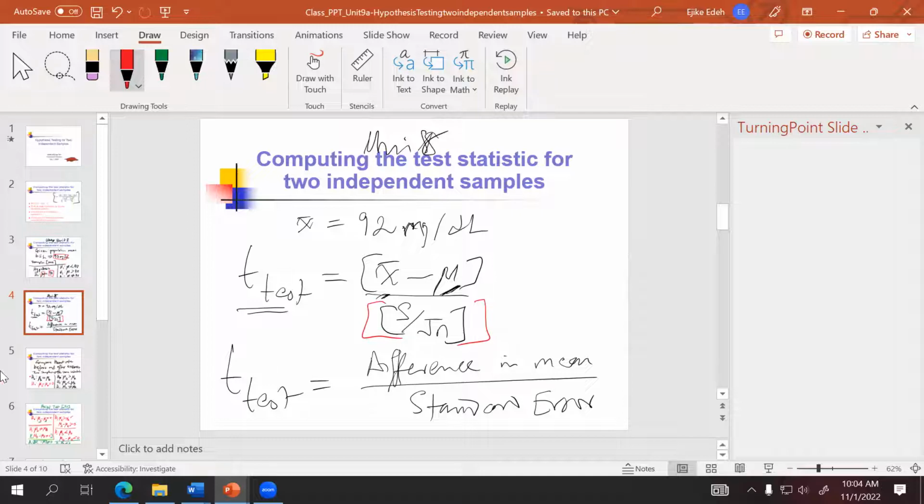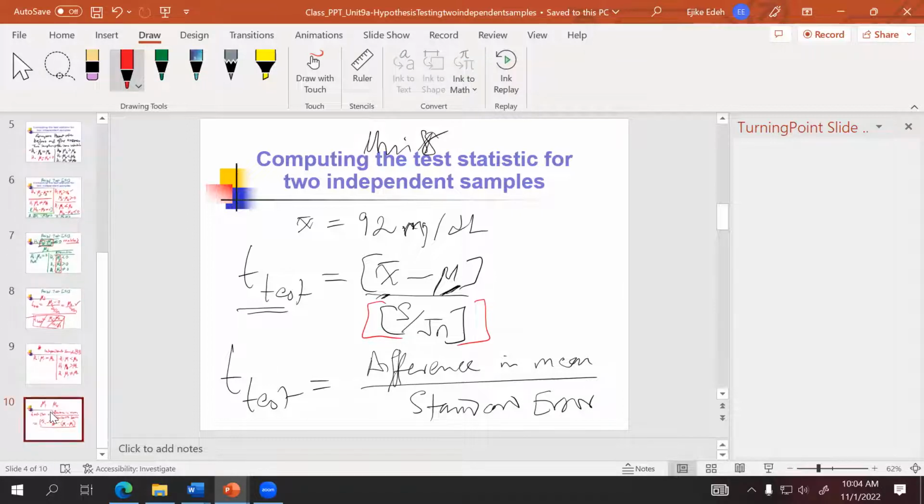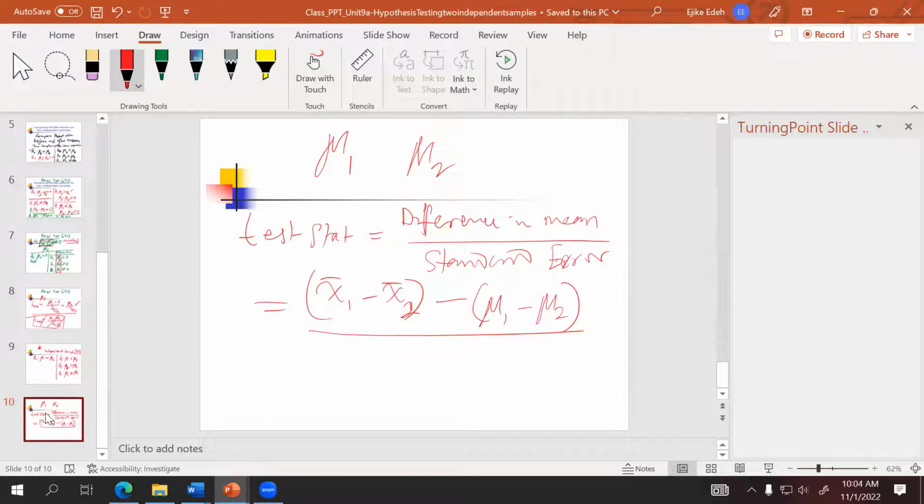In this case, we have two, so we're going to write something similar: the standard deviation for group 1 divided by the square root of n for group 1, plus the standard deviation for group 2 divided by the square root of n for group 2, because now we're dealing with two samples.